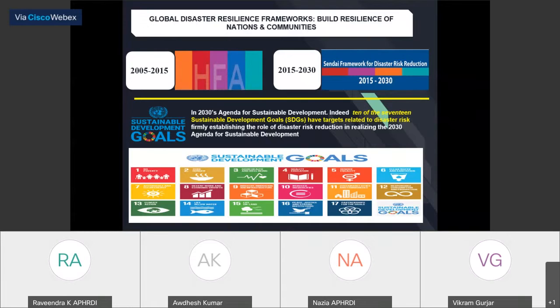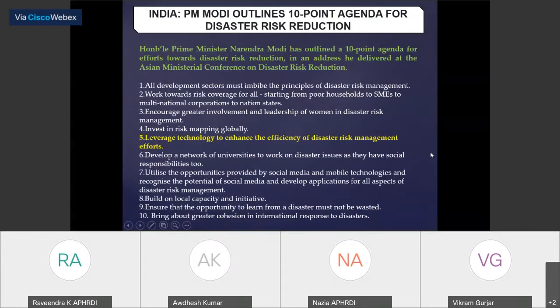So this firmly established the agenda of sustainable development. And like other countries, India also performs a lot of work in the disaster risk reduction area. And since the Indian subcontinent is among the world's most disaster-prone regions, it's very important to give due weightage to disaster management and disaster risk reduction.